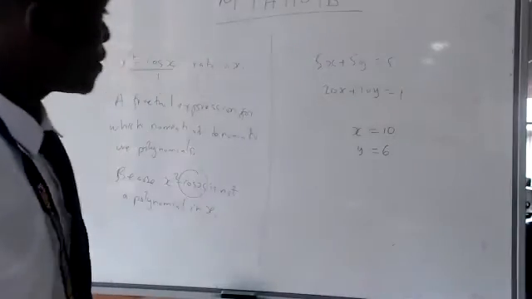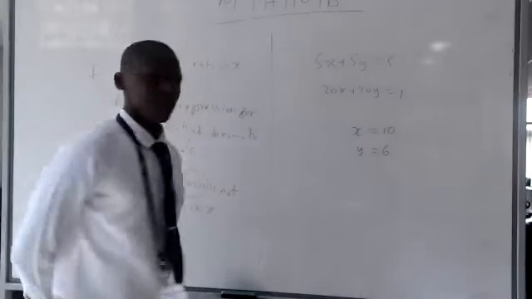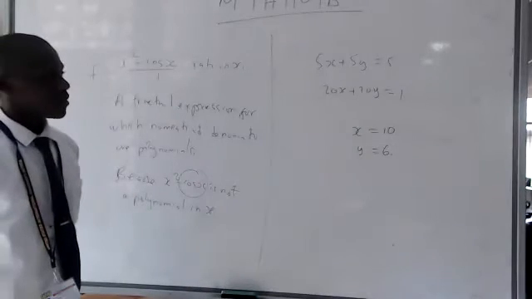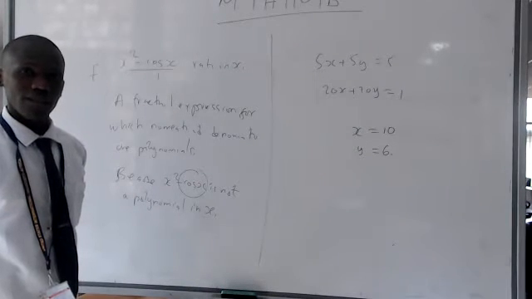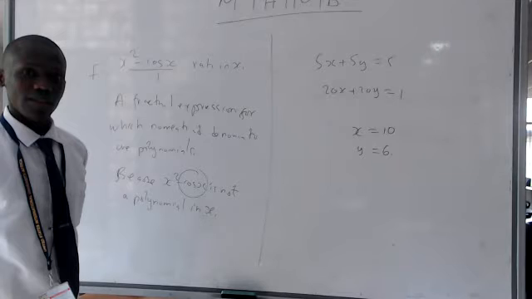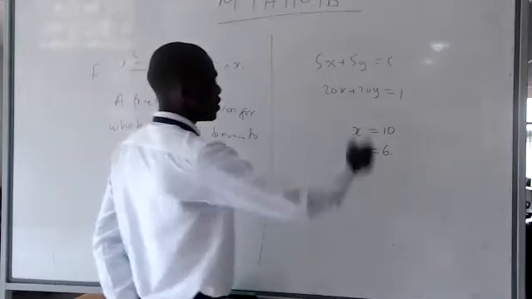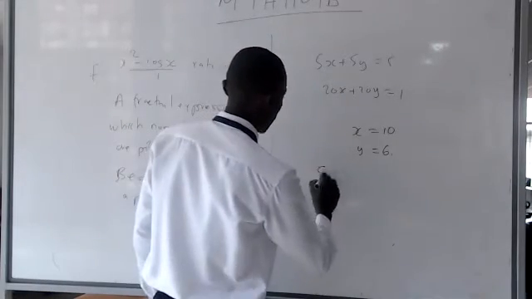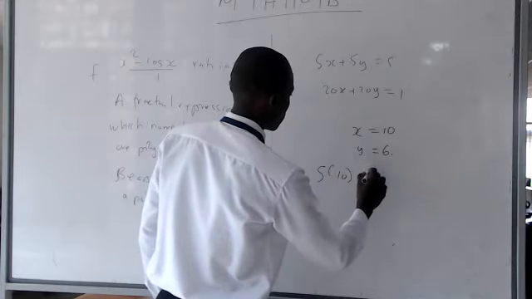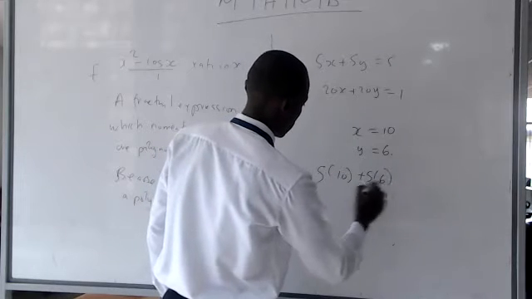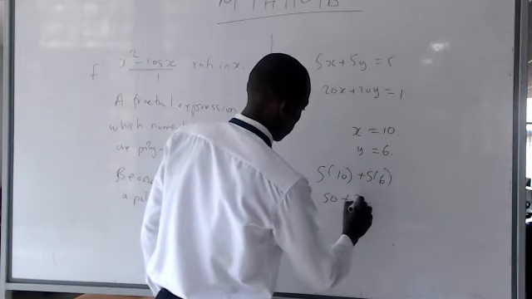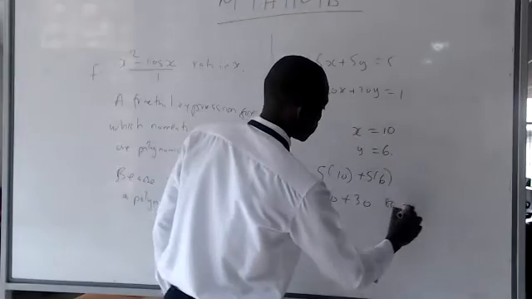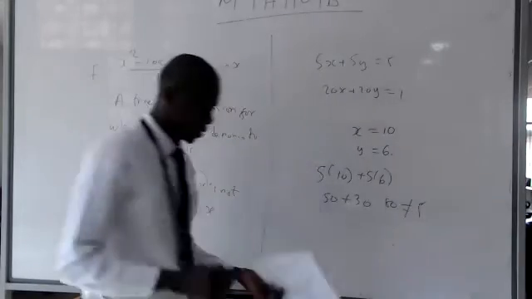Someone said false. Why? It's because by substituting x and y by 10 and 6, it doesn't satisfy the equation given. Good. Yeah, you just test. You only need to test one. One is enough. So if you try 5 times 10 plus 5 times 6, this gives you 50 plus 30, and of course, we know 80 is not equal to 5.